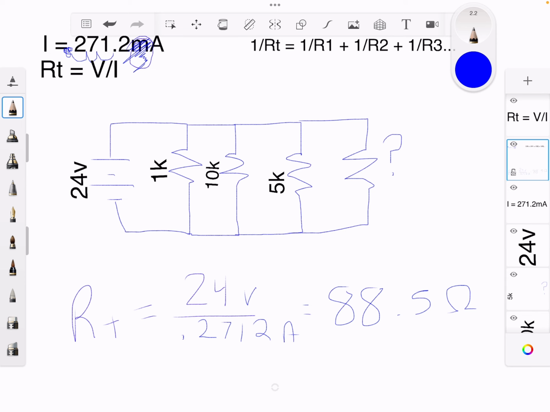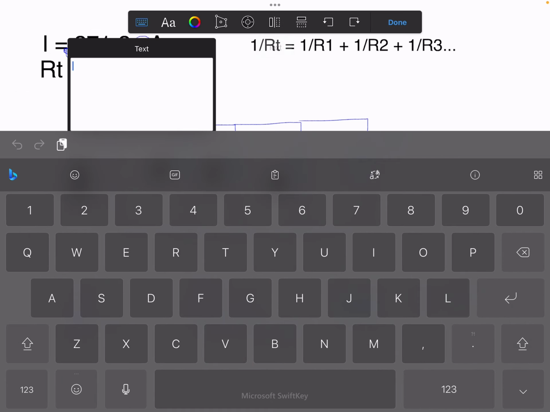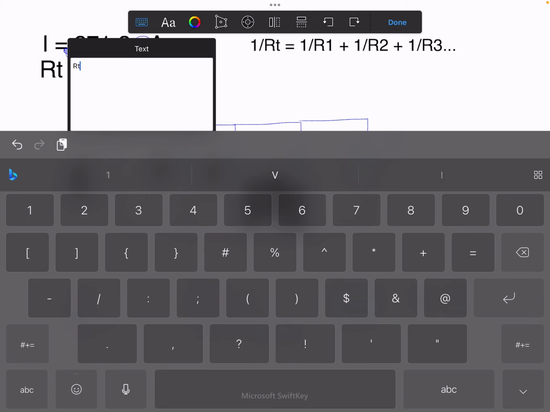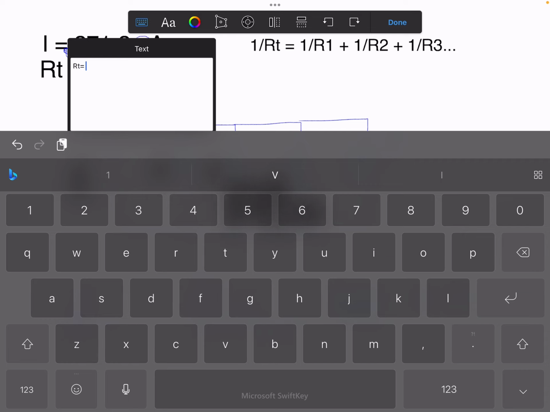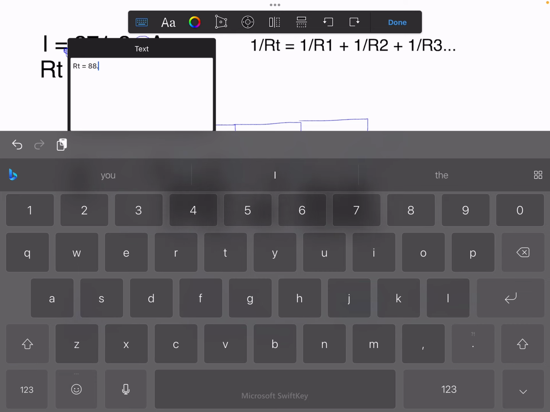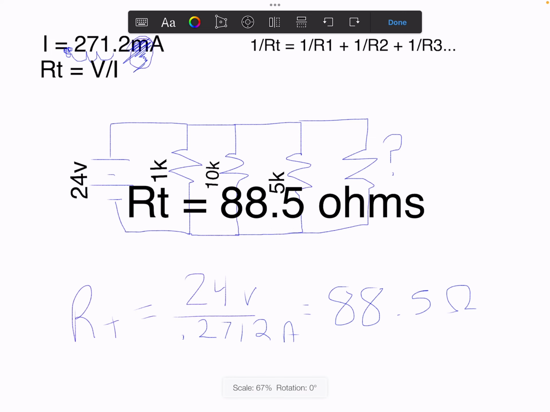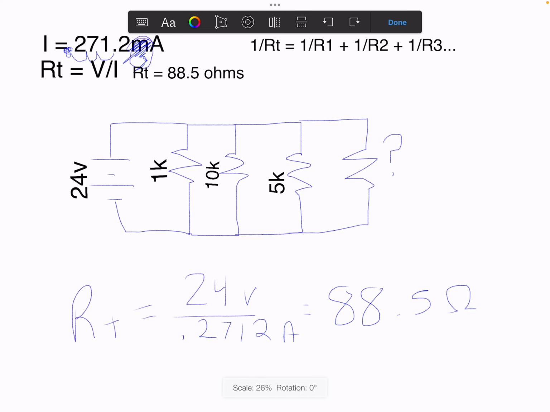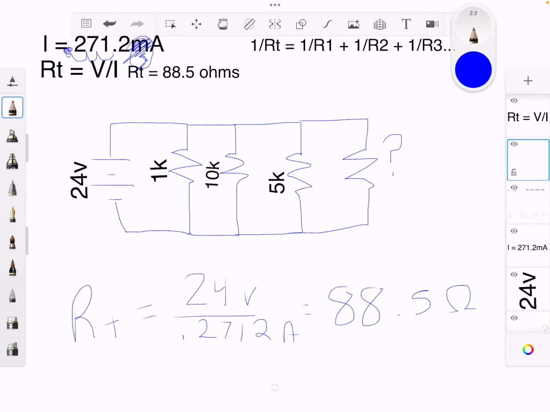So this time, let's make it a text. Resistance total equals 88.5. And I don't have an ohm symbol, so I'm going to have to spell that one out. So there is our resistance total. We're going to put that right there and hit done.